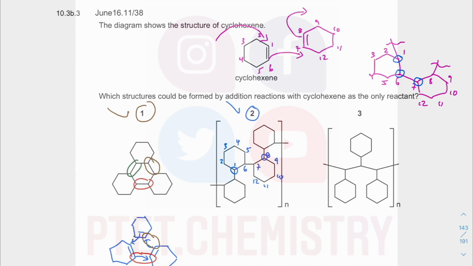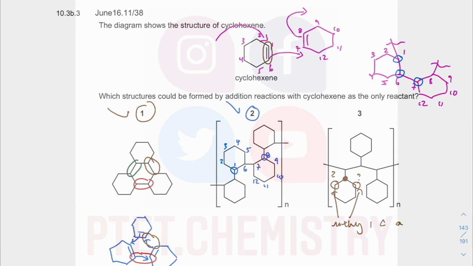How about number 3? Hope you can see, if you have that, it is impossible because you have a double bond there. Where you join them, one must be added, the other one must be added to something. What do you have here? You do not have anything. This is your join, but there is nothing there.